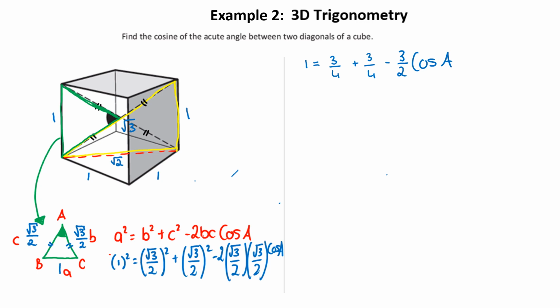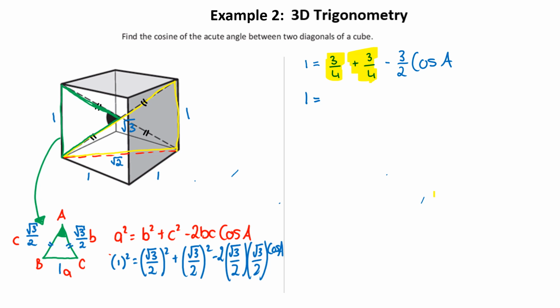That minus 3 over 2 is in front of that cos of A. Sometimes students leave a big gap there and then they add things and it all becomes a little bit messy, but be really careful. That's effectively the coefficient. So what we get is we can only add this and this. The other one is like a number in front of the x. It's a coefficient. It can't be added.